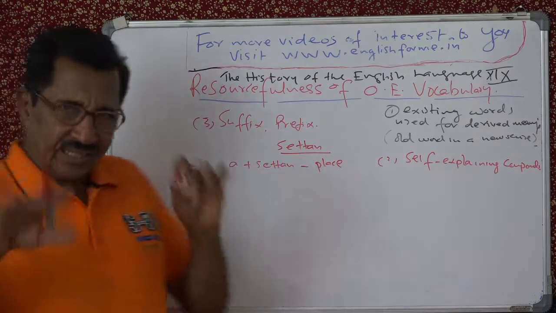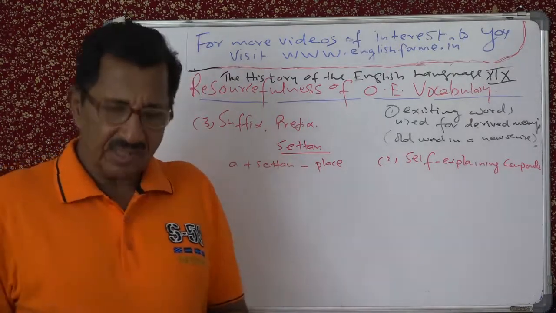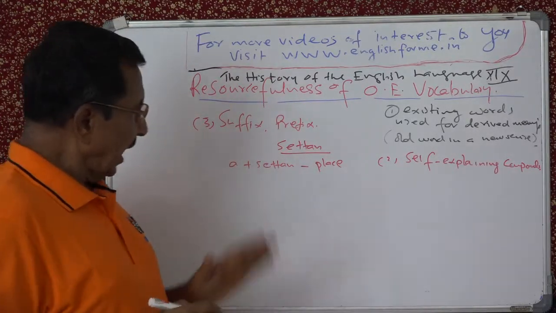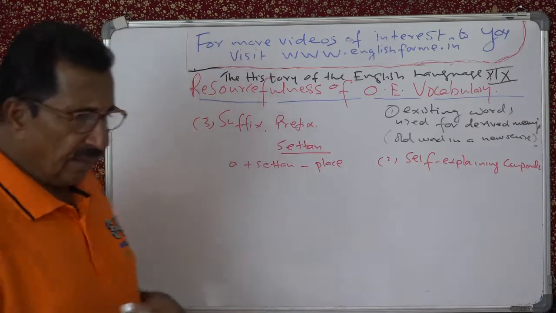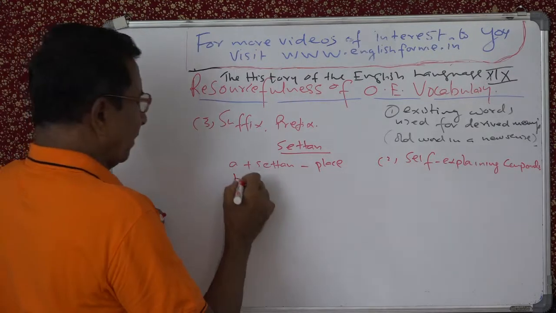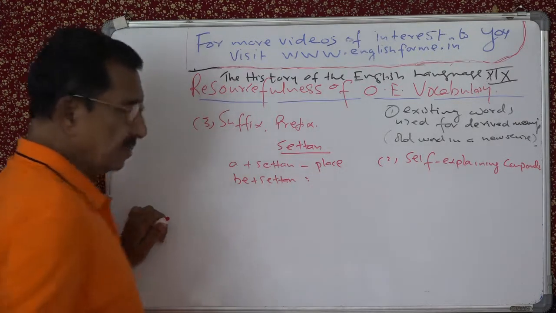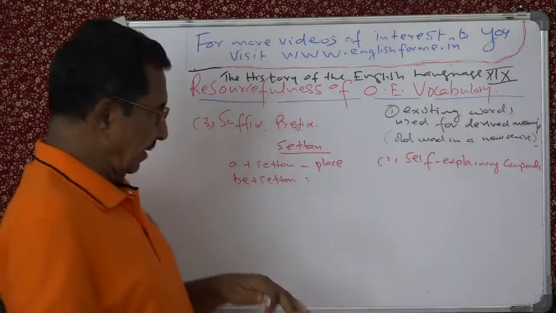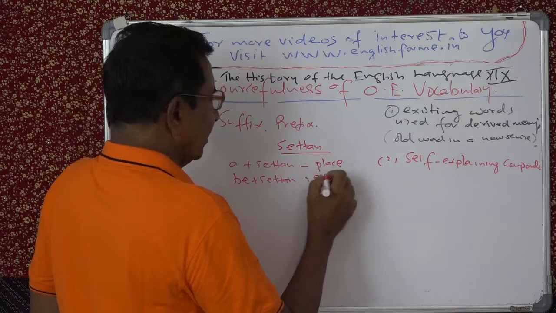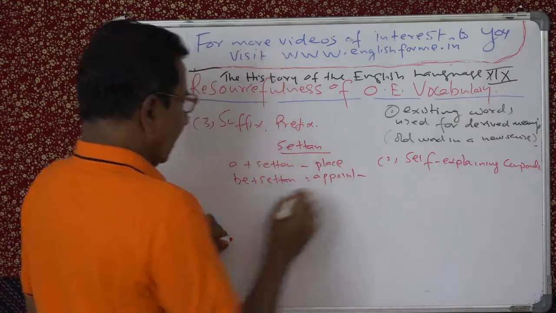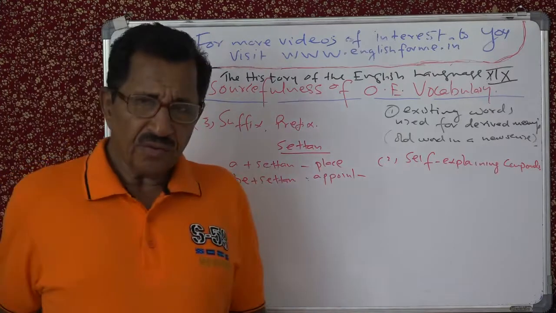Satan means to set. Set something we say. So that is the Satan. A Satan means to place. Be Satan. Be plus Satan means to appoint. See that? Be Satan. Then you have got to for Satan.